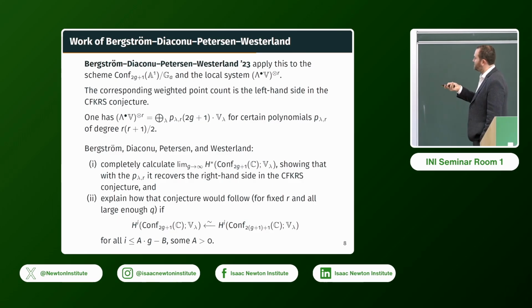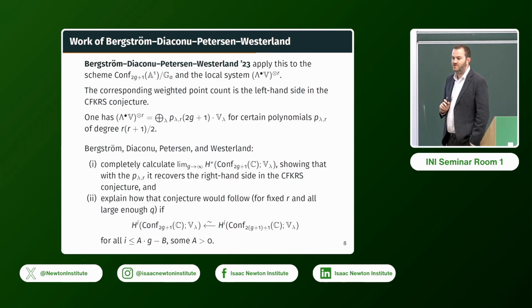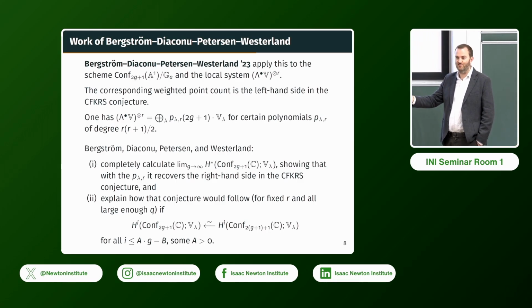The ith cohomology is independent of G in a range I less than, so it doesn't matter what the linear function is, some linear function of G, okay? But you need to know it for all lambda with the same A and B, okay? I emphasize this because this is going to be my little contribution.